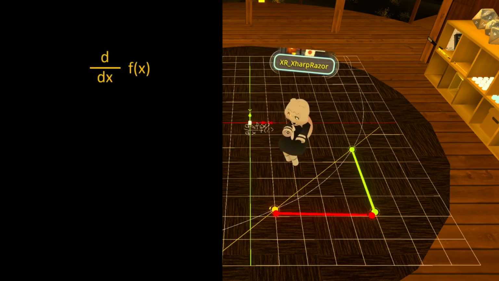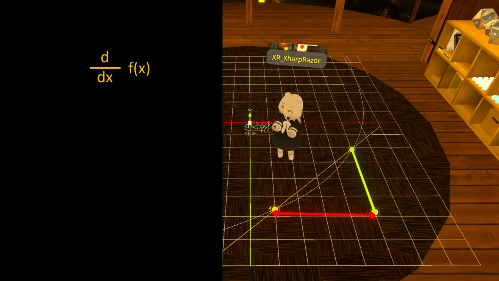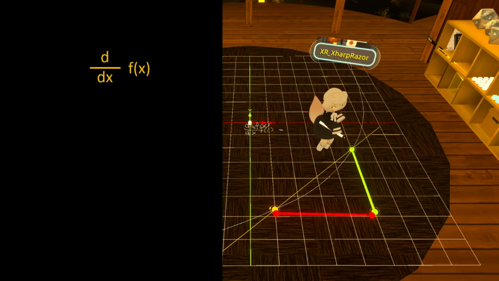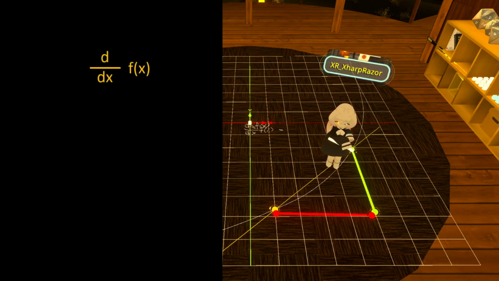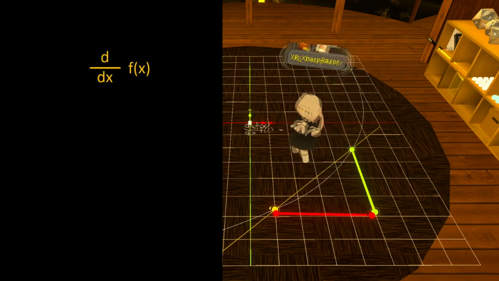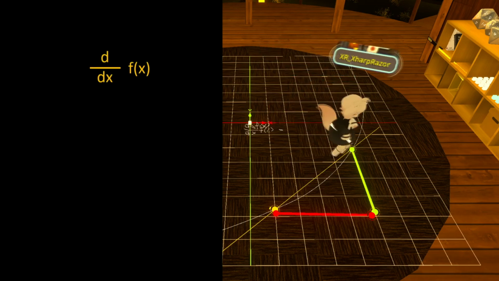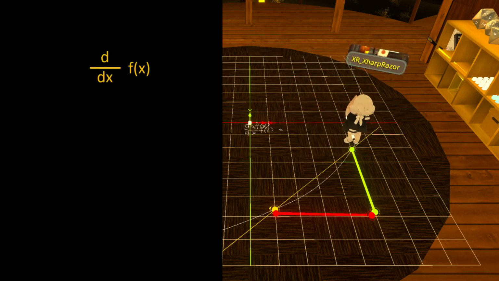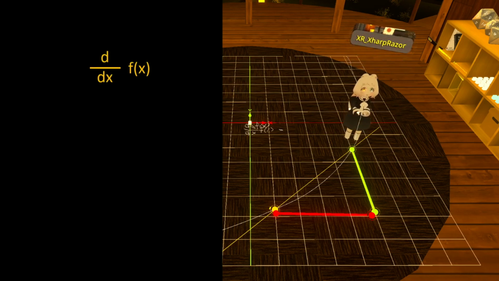So now we can actually start deriving it. It's almost the same thing: delta y divided by delta x. So what is delta y? First we need to know what this point over here is.